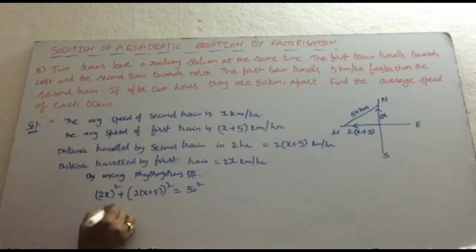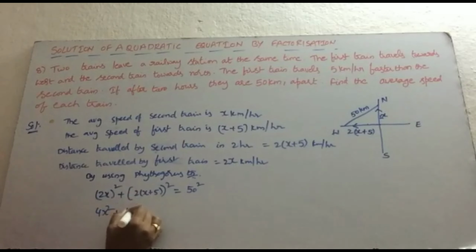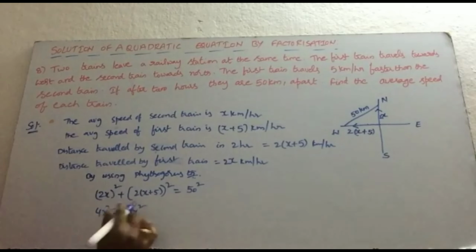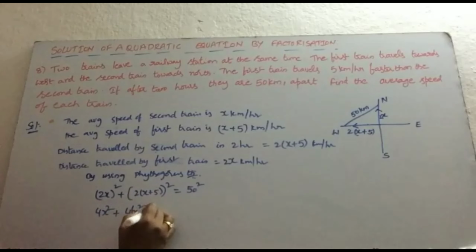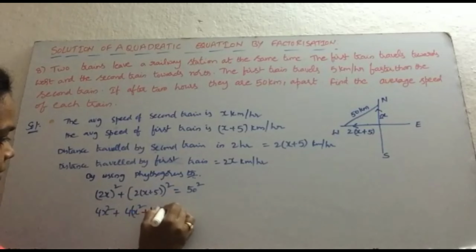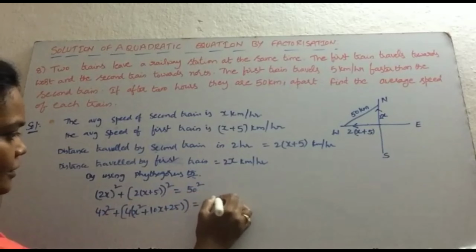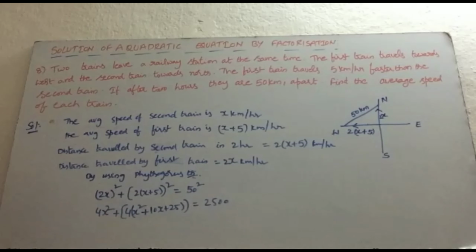Then 4x square plus 4 into x square plus 10x plus 25 equal to 2500.